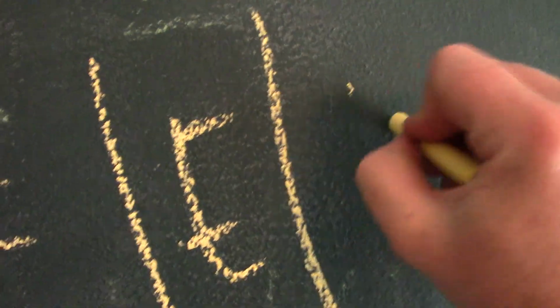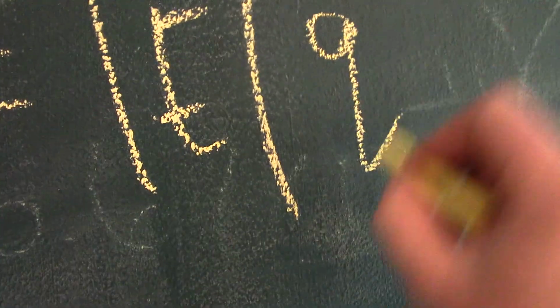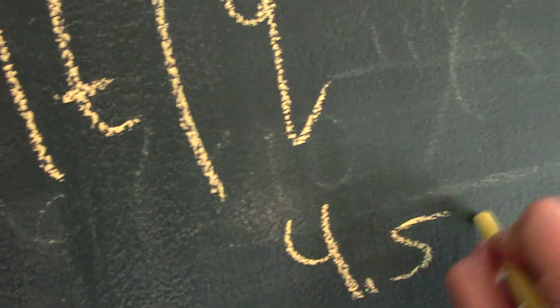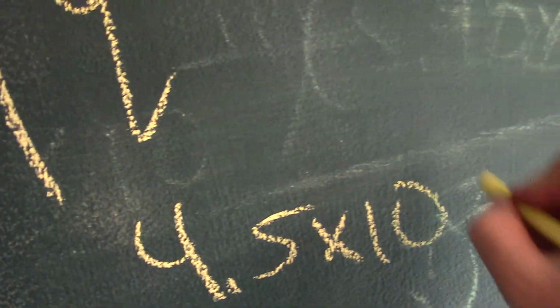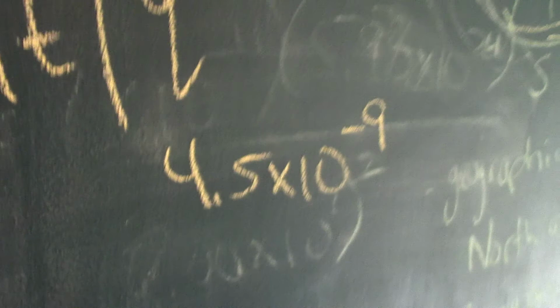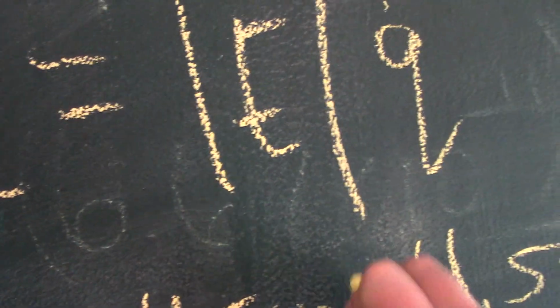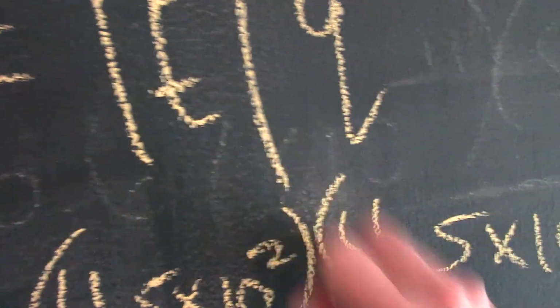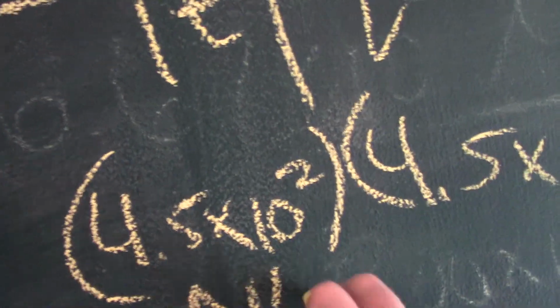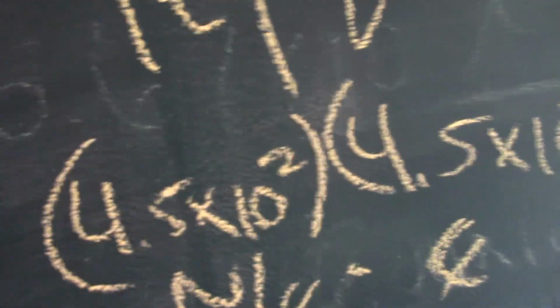And the magnitude of the test charge was Q, and that was 4.5 times 10 to the negative 9 coulombs, right? We have that as nanocoulombs, and the electric field strength is 4.5 times 10 to the second. That's newtons per coulomb, and that's times coulombs. So I can cancel that out, and I can get an answer in newtons.